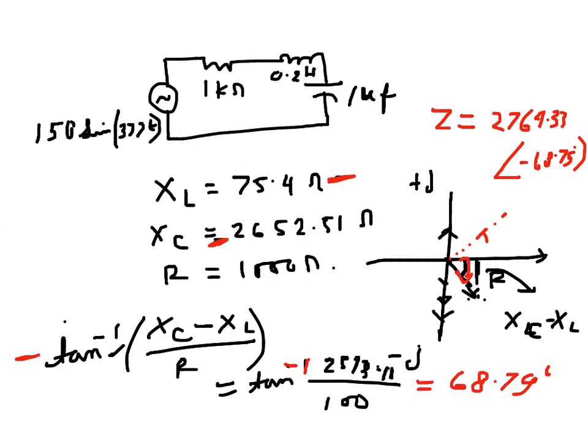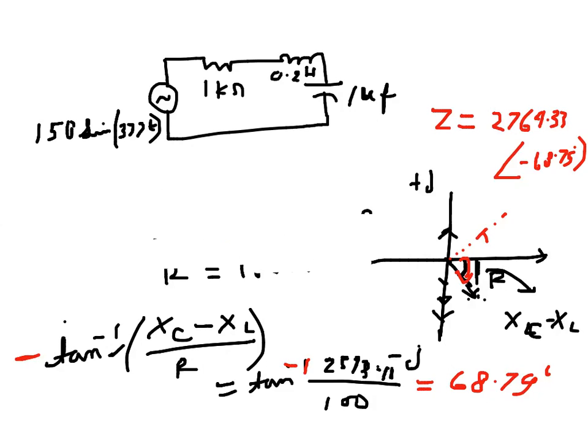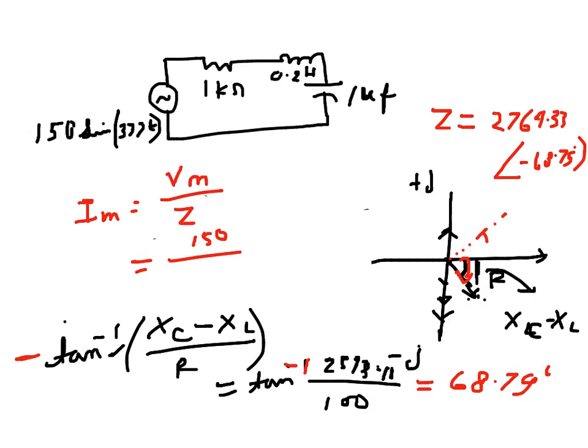So the current, once we try to find the current, I will erase this part. Current is again, now with the angle, the maximum current, Vm over Z, now the full Z, which is with the angle. It will be 150 over 2764.33 at minus 68.79 degrees.